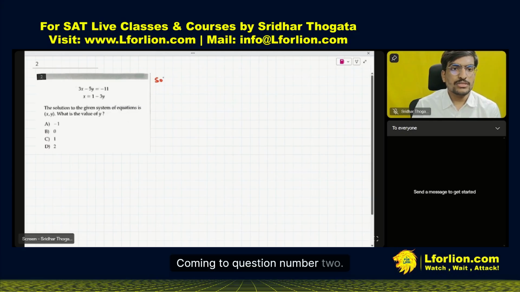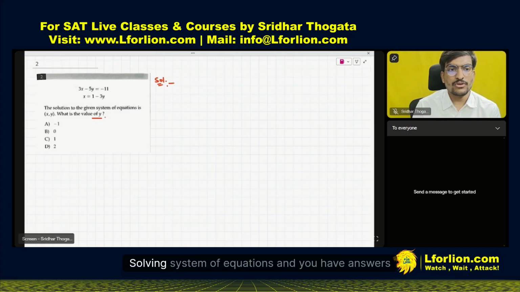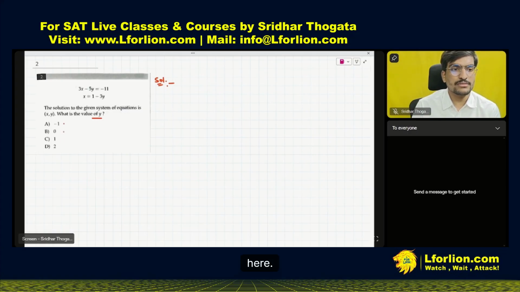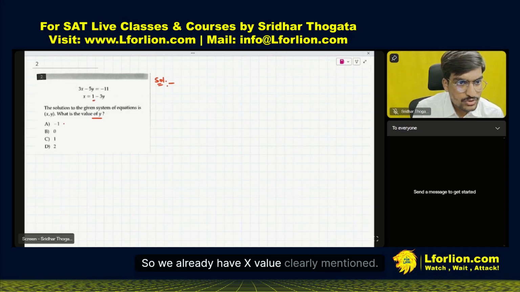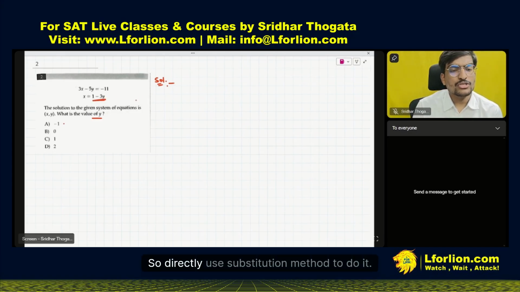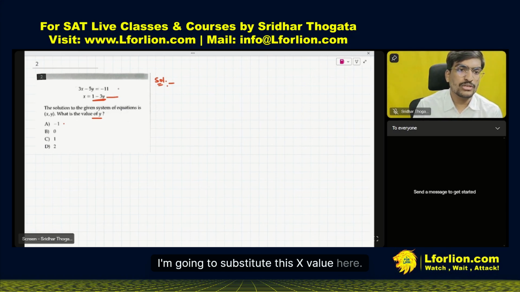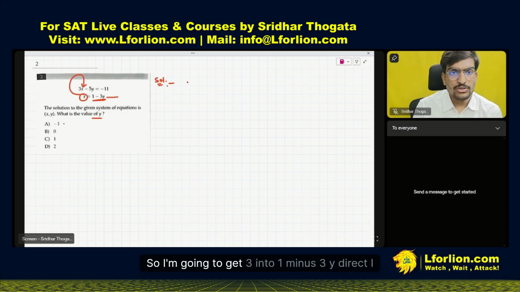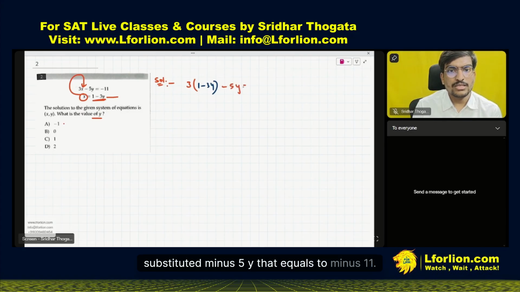Coming to question number 2. You have two equations. You have to find the value of y, solving the system of equations, and you have answers here. So what is the value of y? We already have the x value clearly mentioned, so directly use the substitution method. I am going to substitute this x value here. So I get 3 into 1 minus 3y, directly substituted, minus 5y equals negative 11.